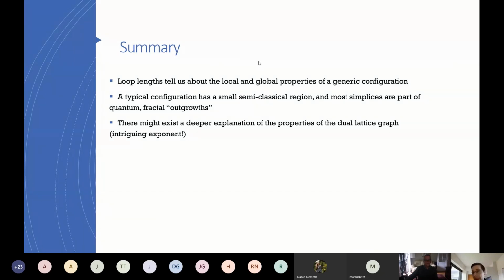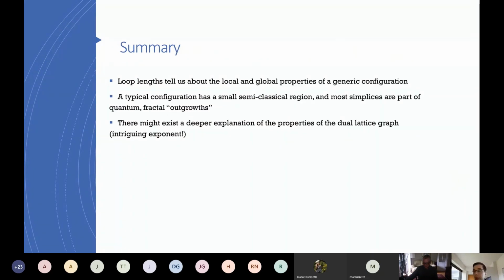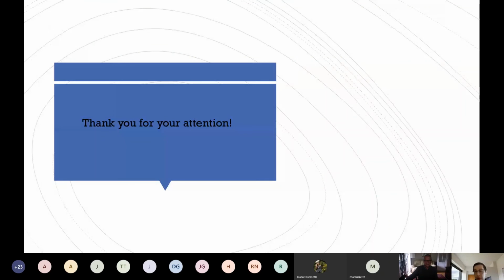Also, analyzing some more complicated observables might shed some light on the properties of the configuration, might explain how they are constructed and to what kind of graphs they are similar. Okay, so thank you for your attention. That's all.